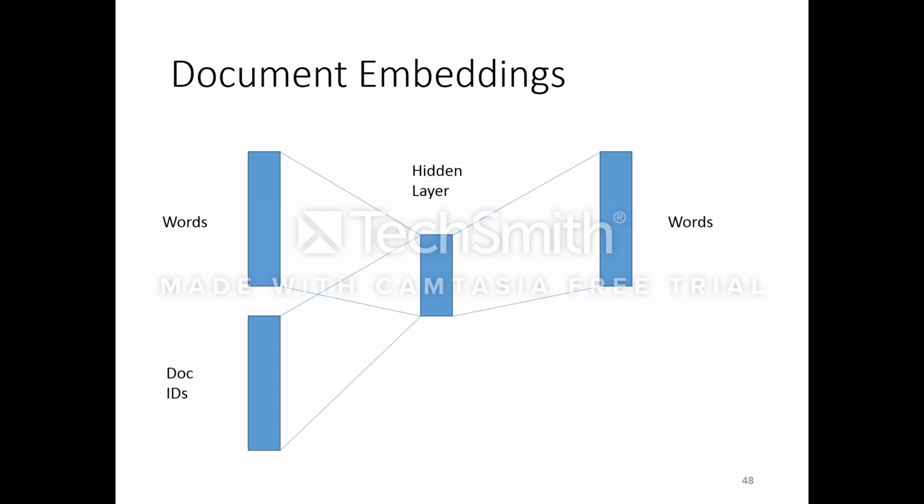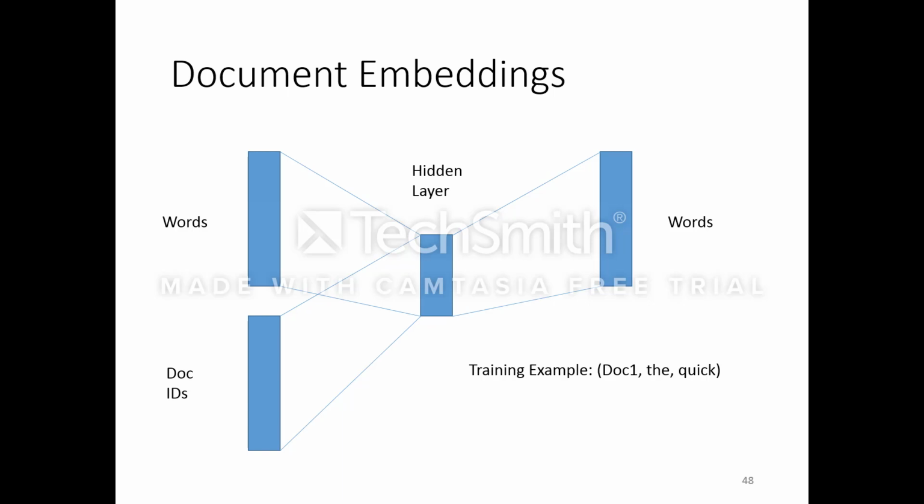So you have document IDs, and now the training example is no longer a pair, but a triple. So if you got the word pair the comma quick from document doc1, then you set the document. This doc IDs layer has an input node for every document ID. So for doc1 there is an input node, and you give 1 as the input on that.